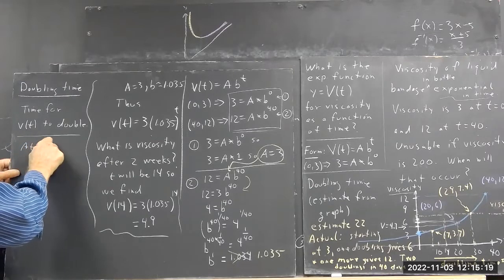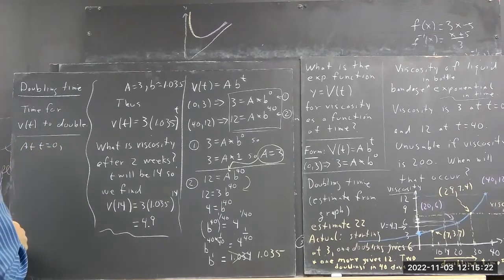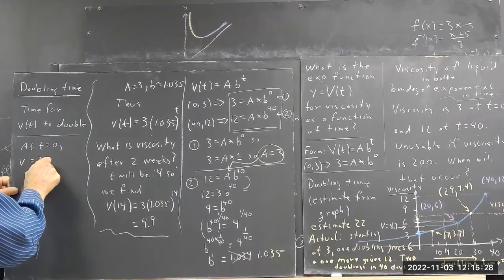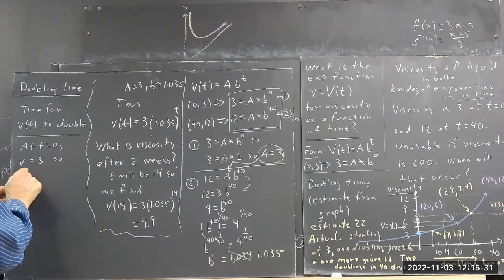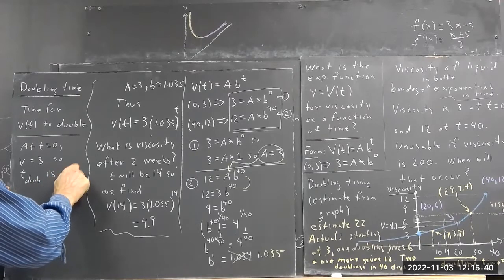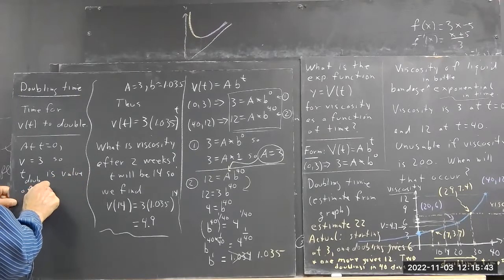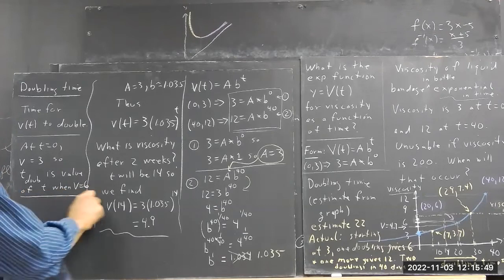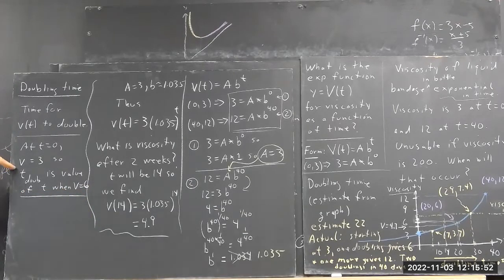Just say at t equals 0, V equals 3. So the doubling time, which I'll write as t sub dub, makes me want to create a nursery rhyme or something.